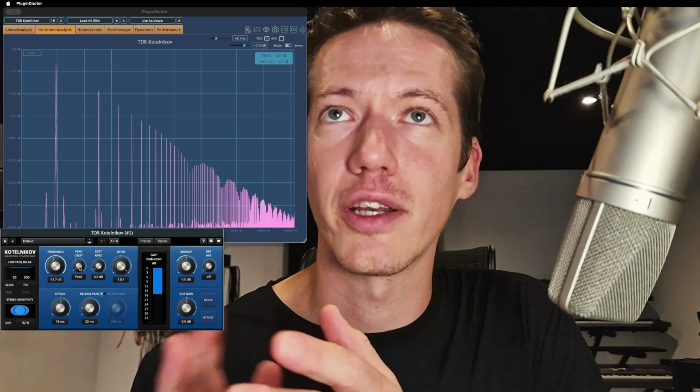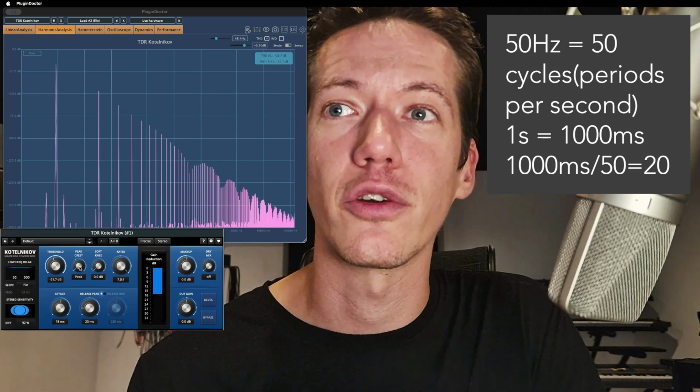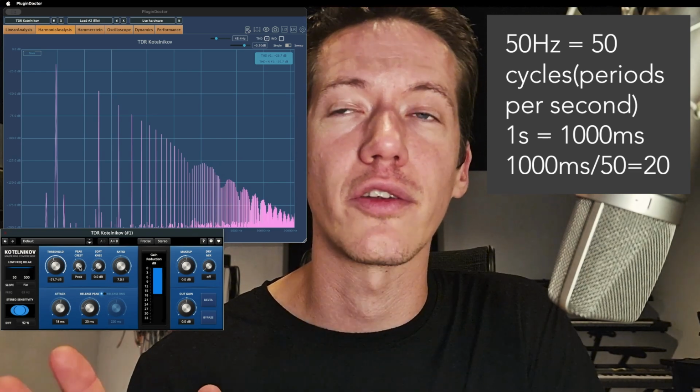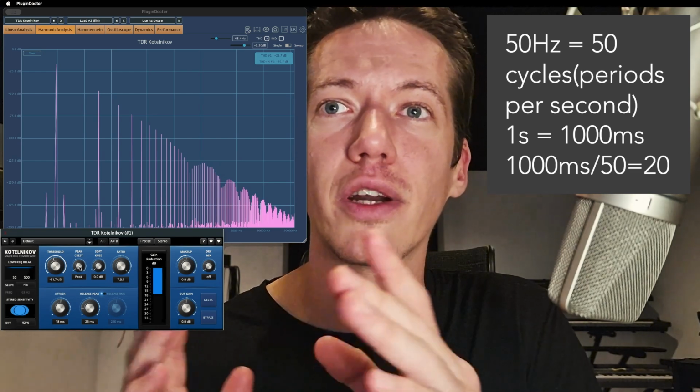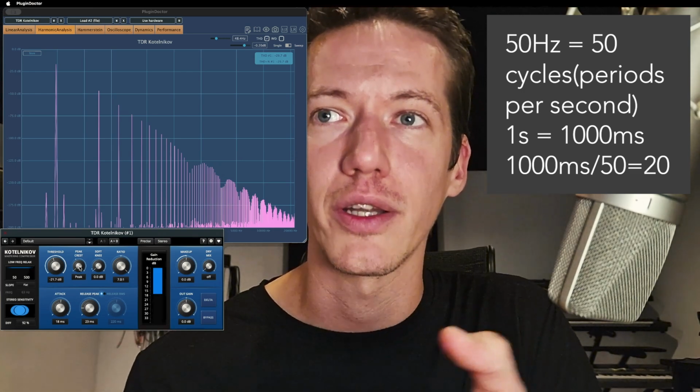So what Nicholas said is more or less the following. If you have a certain frequency, let's say here 50 hertz, the period of that frequency is actually 20 milliseconds, because you have 50 periods in 1 second. 1 second is 1000 milliseconds. If you divide 1000 by 50, you get 20, right?